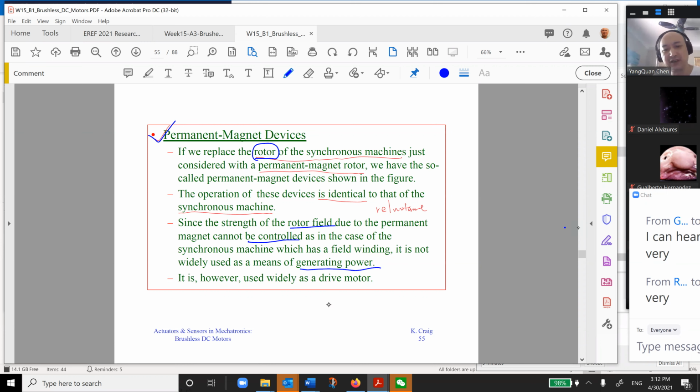In fact, there are some differences between a motor and a generator. When we say motor, you give electrical power, and I give you mechanical motion. But if you call it a generator, you have mechanical power, and you generate electricity.